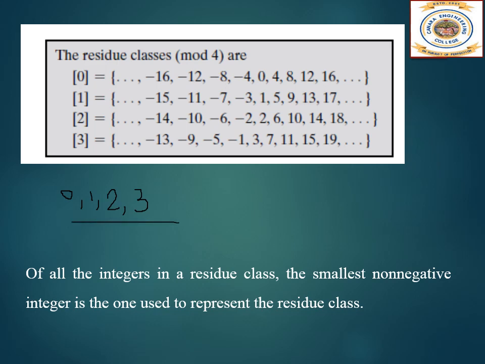Now when do I get a 0 residue? I will consider negative as well as positive numbers.